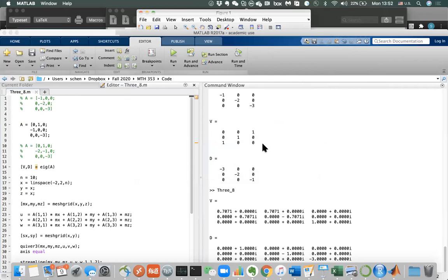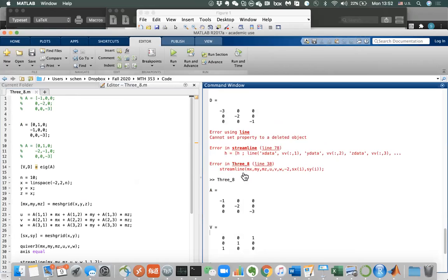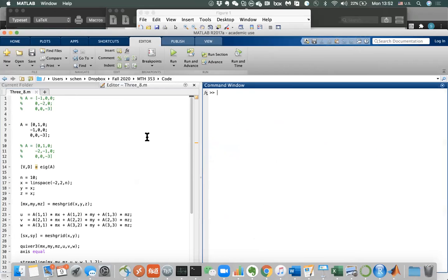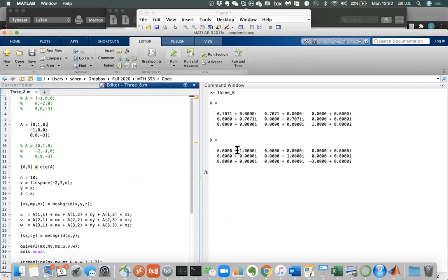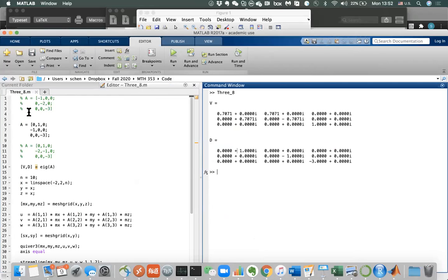Okay. The matrix. Let's redo it. The matrix is 0, 1, 0, like that. You did the complex eigenvalue. So you have eigenvalue plus i, eigenvalue minus i, and the third eigenvalue, which is real, which is -3.